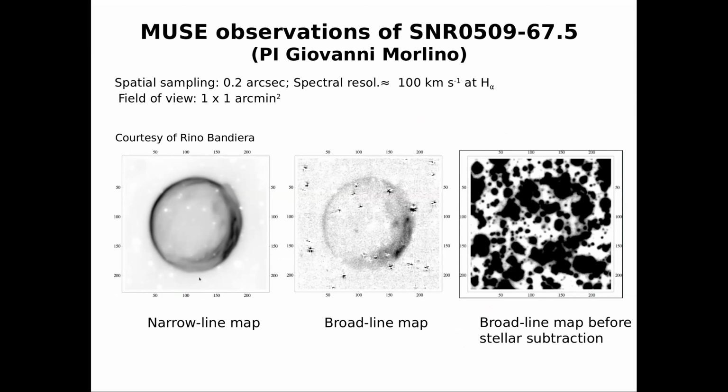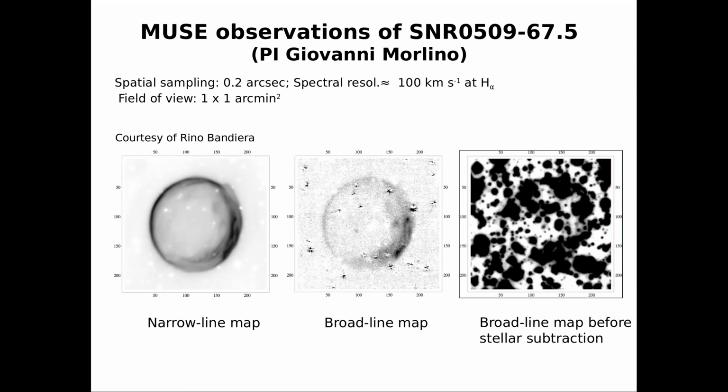And you can see our results on the left side. We show a narrow line map, in the middle panel we show the broad line map, and on the very right we show the broad line map before stellar subtraction. So the field is crowded with stars, and as you can see here on the right side, we have to do stellar subtraction in order to get as much information as we can from these observations, so basically to go as deep as we can.